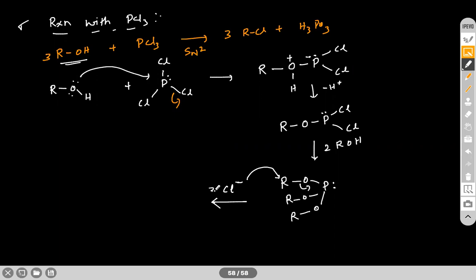One by one they attack each alkyl group, forming 3 RCl, and PO3 minus will take 3H, forming H3PO3. This is the product we get. So this attack of chlorine here is an SN2 attack, with inversion of configuration.